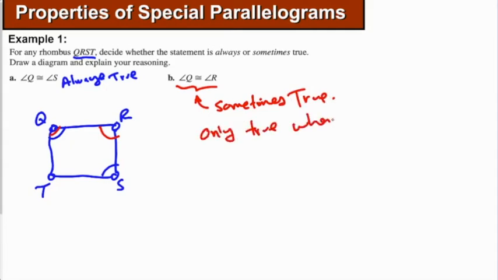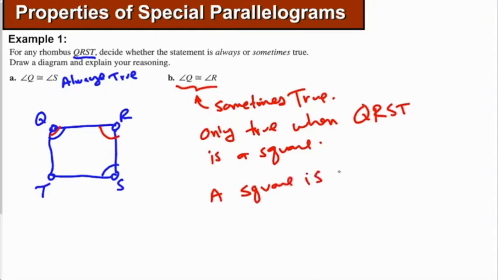Only true when QRST is a square. A square is a rhombus that is also a rectangle.